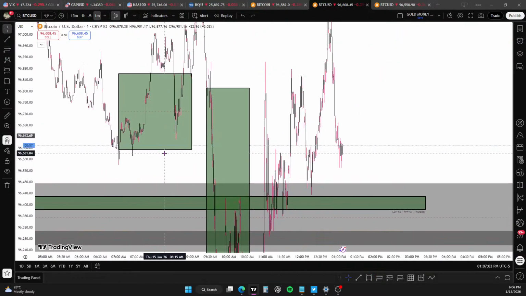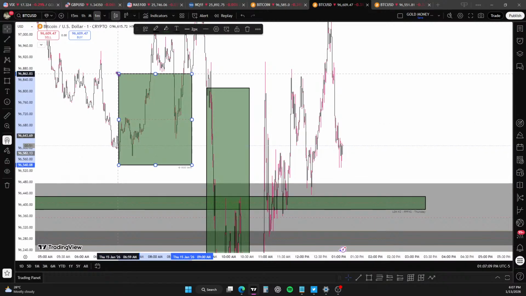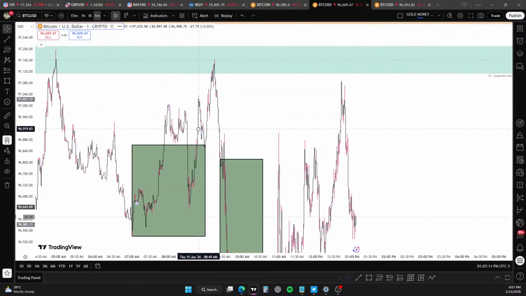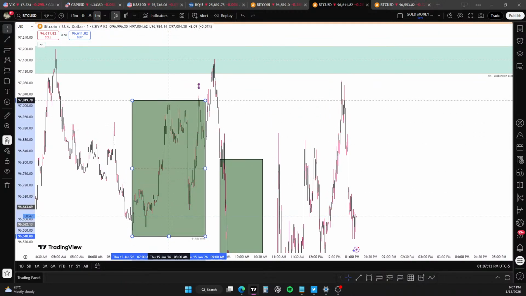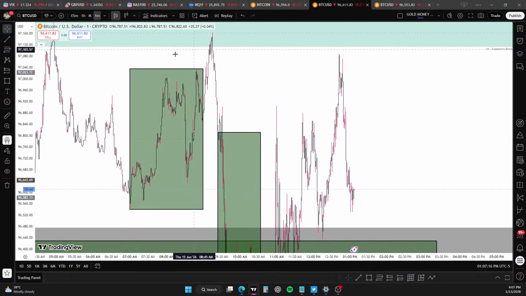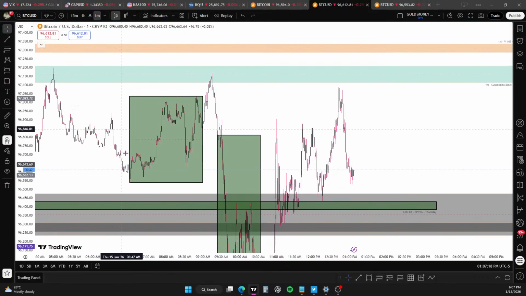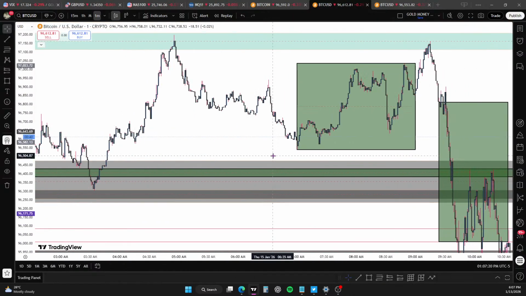Right, because precisely 7 till 9 on the 1 minute candlesticks, you draw a box from the opening to the close of that time, and then you mark the high and the low. So to be honest, it's like a square or a rectangle with high volatility.